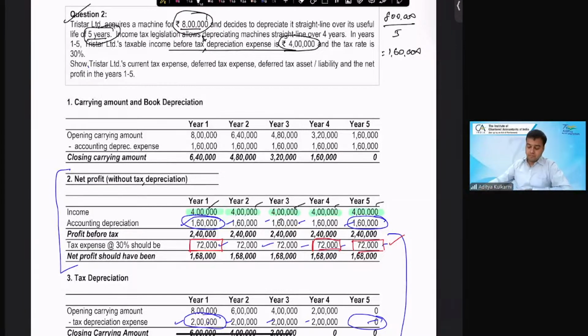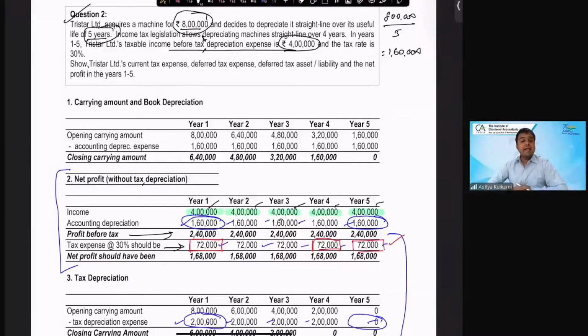If the question stopped here, you did not have any other data, and everything in the Income Tax Act was synchronized with the Companies Act, then 2,40,000 would be your profit before tax.